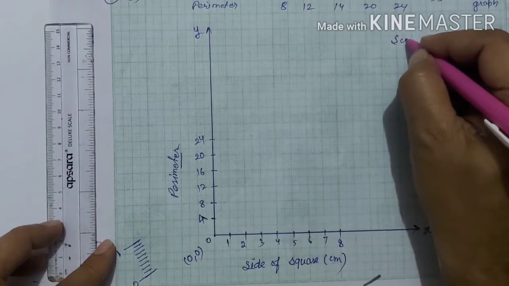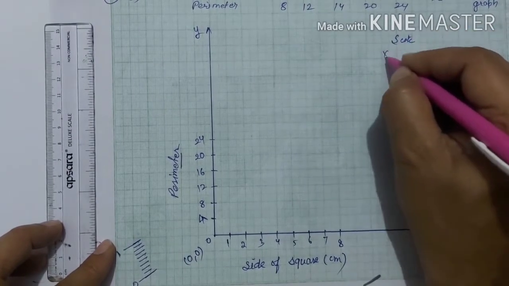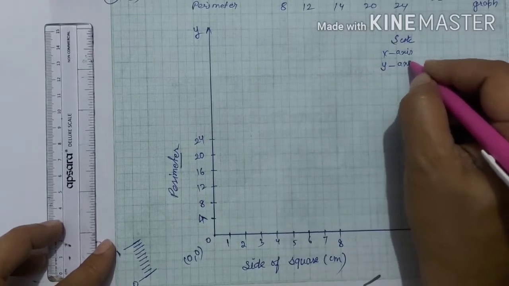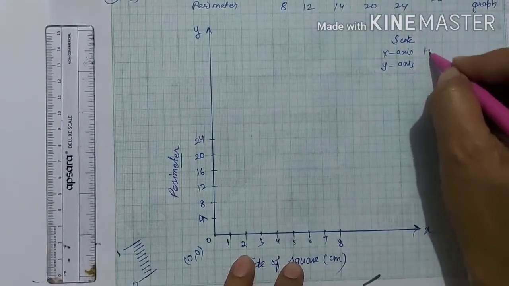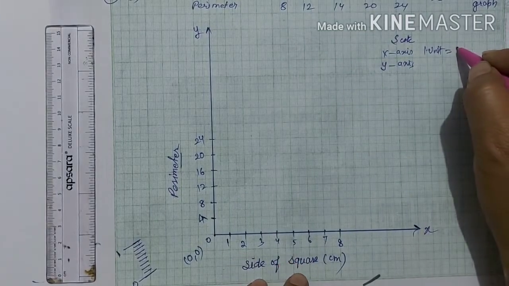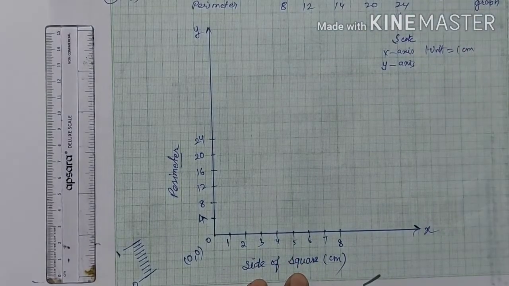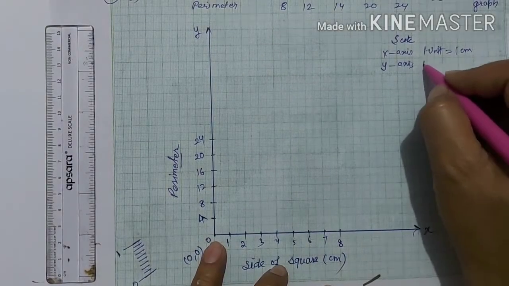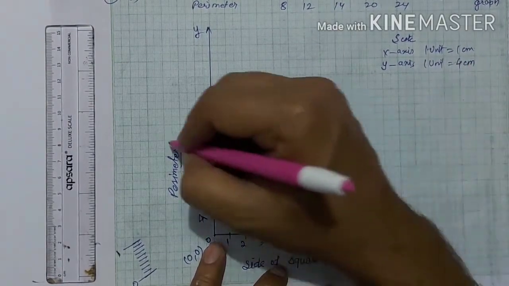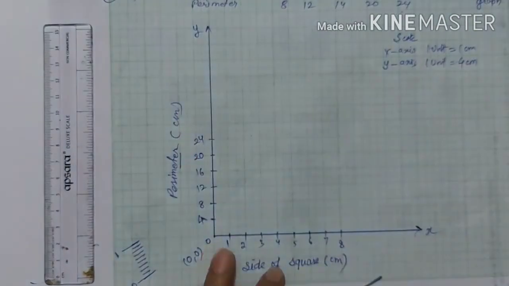Our scale: on the x-axis 1 unit is equal to 1 centimeter, and on the y-axis 1 unit is 4 centimeters, because the perimeter is in centimeters.